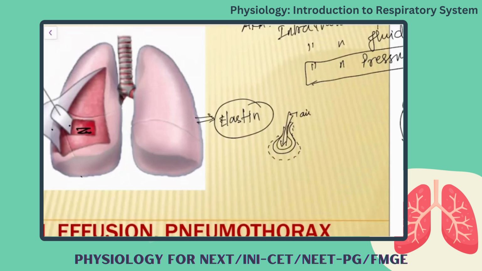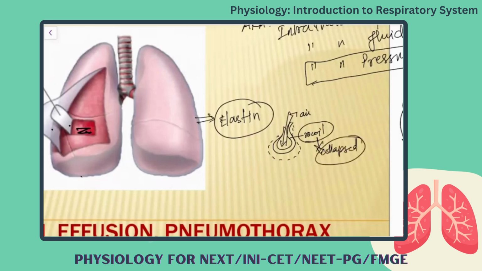The lungs also have the ability to recoil. Because it is an elastic substance rich in elastin, the lungs have expansibility. It is one of the properties of the muscle of the lungs. So during that process, the lungs recoil, but they are not collapsed.